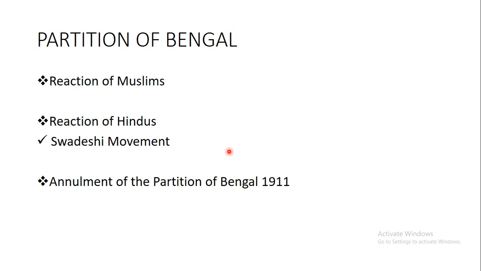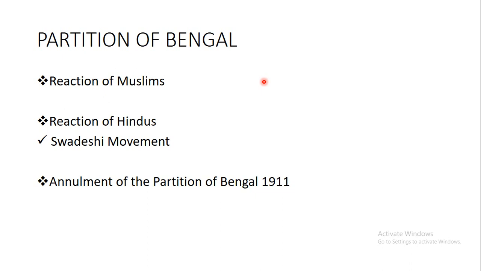So if we see the whole process of the partition of Bengal, the intention or objective of the partition was solely administrative.